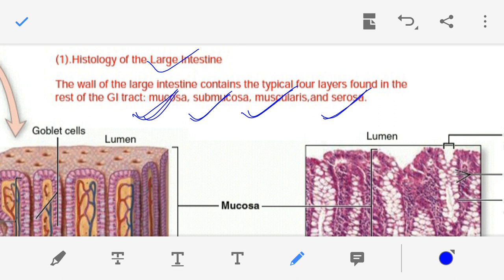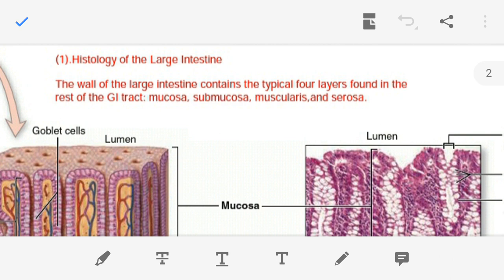But in every region where they are present, whether in the esophagus or the stomach, there are certain modifications. So the wall of the large intestine contains the typical four layers.